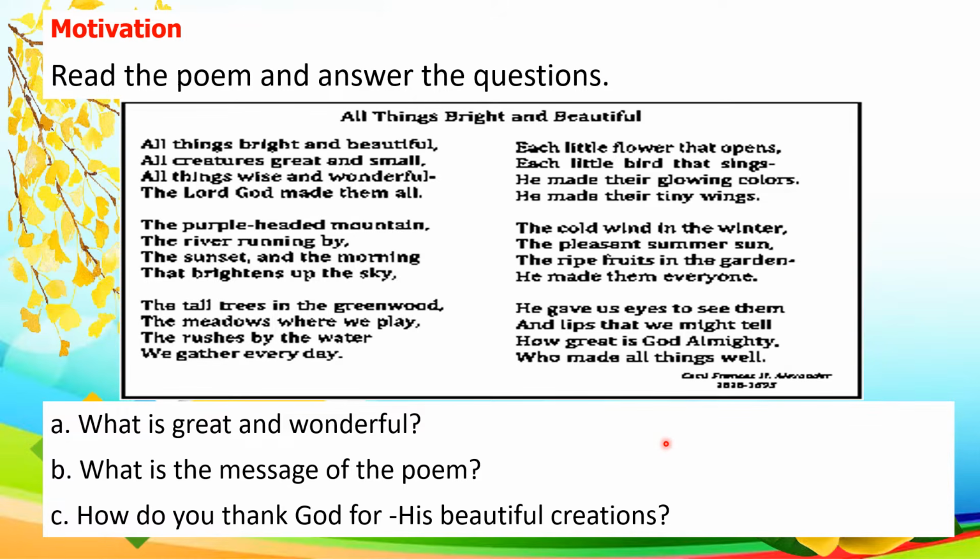The cold wind in the winter, the pleasant summer sun, the ripe fruits in the garden, He made them every one. He gave us eyes to see them, and lips that we might tell how great is God Almighty, who made all things well.